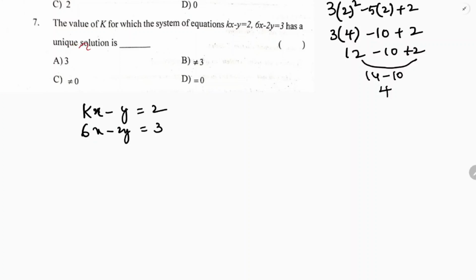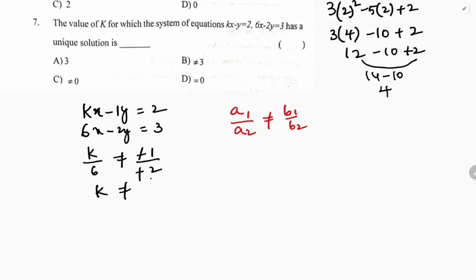The condition for a unique solution, intersecting lines, is a1 by a2 is not equal to b1 by b2. So here k by 6 is not equal to minus 1 by minus 2. 2 cancel. So k is not equal to 6 by 2. So k is not equal to 3. The correct option is B.